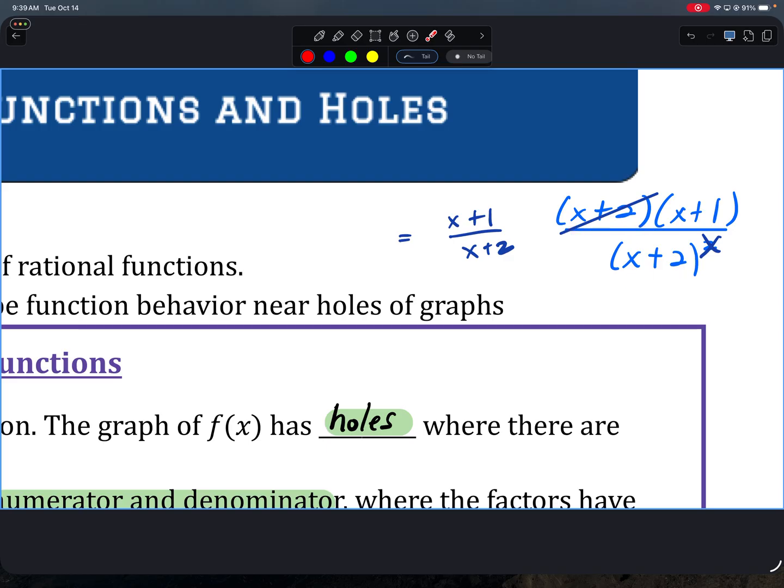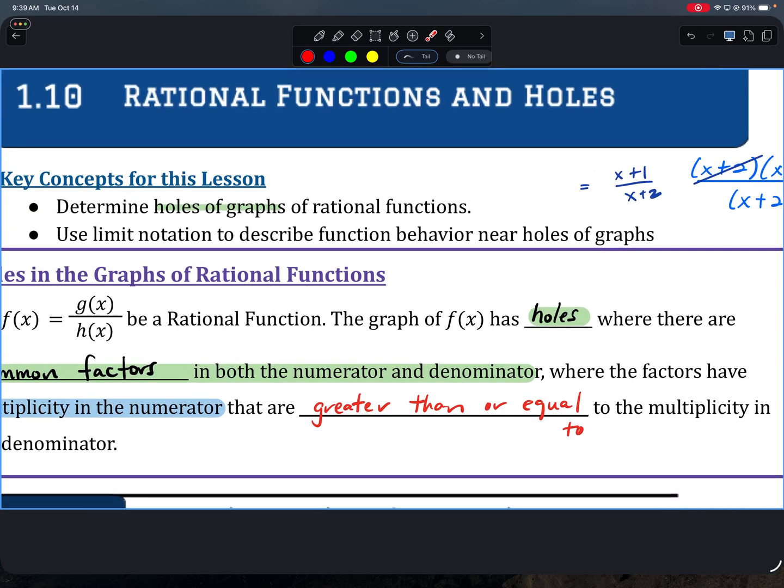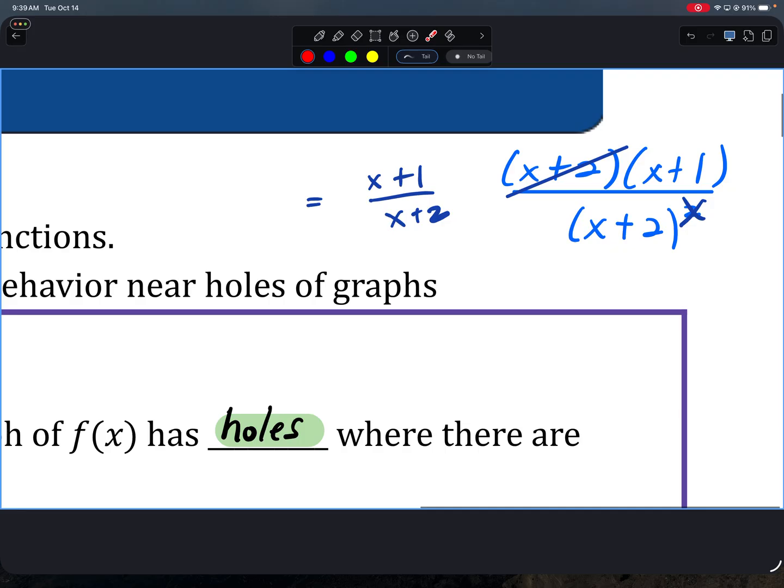So if you look at this definition, do you see how it says the multiplicity in the numerator is greater than or equal to? In this problem at the beginning, where was the power bigger, on top or bottom? Bottom. So that's why that definition is important. Let me go backwards and erase this.